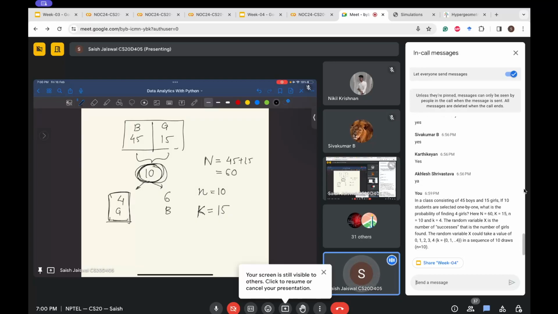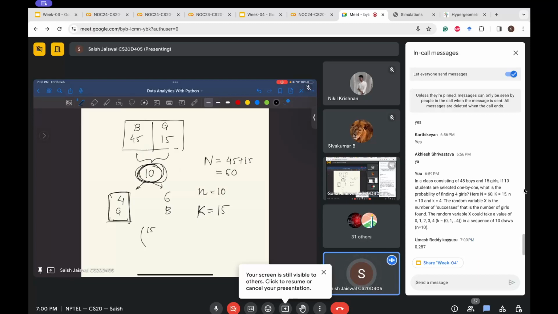Forget about these notations: the number of ways in which you can get 4 girls out of 15 girls is 15C4, into the remaining ones. Out of 45 boys, you can get 6 boys in 45C6, and the total number of ways in which you can get 10 people is 60C10, right?